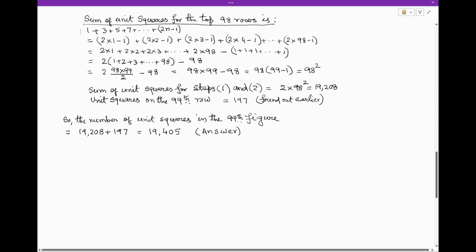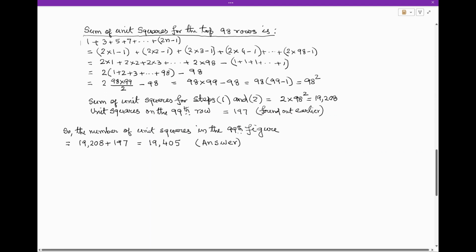So the number of unit squares in the 99th figure will be 19,208 plus 197, and that is equal to 19,405. That is the answer.